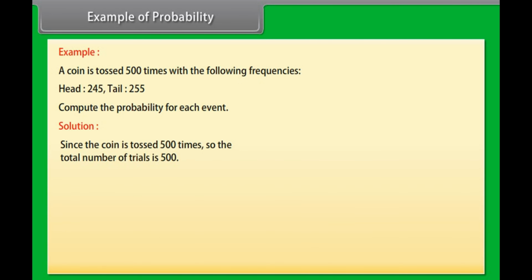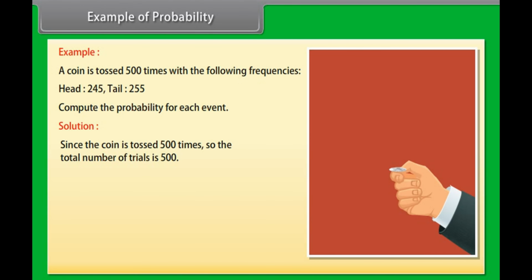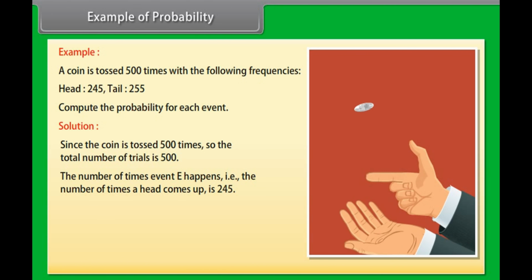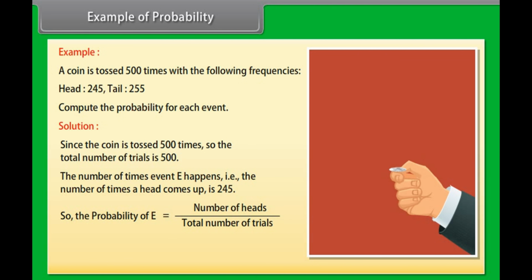Solution. Since the coin is tossed 500 times, the total number of trials is 500. The number of times event E happens, that is, the number of times a head comes up, is 245. So the probability of E is equal to number of heads upon total number of trials, that is, P(E) is equal to 245 upon 500, which is equal to 0.49.